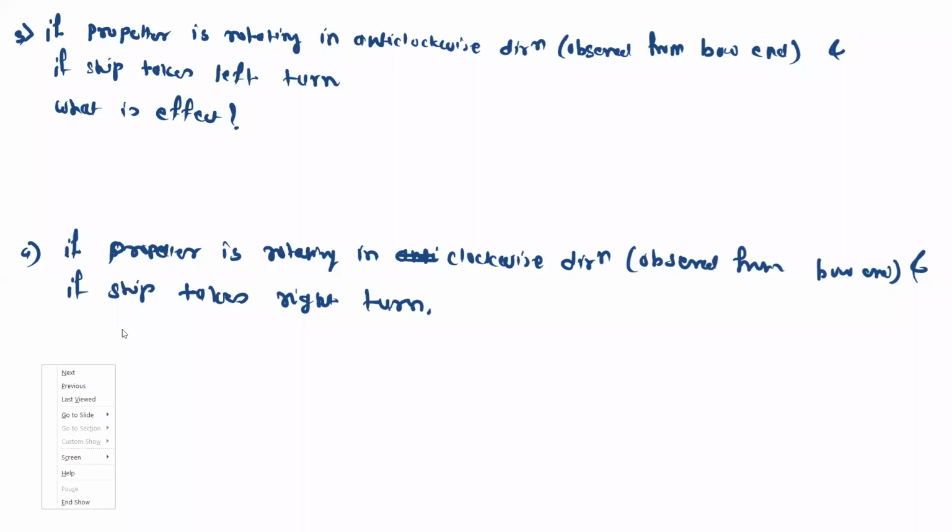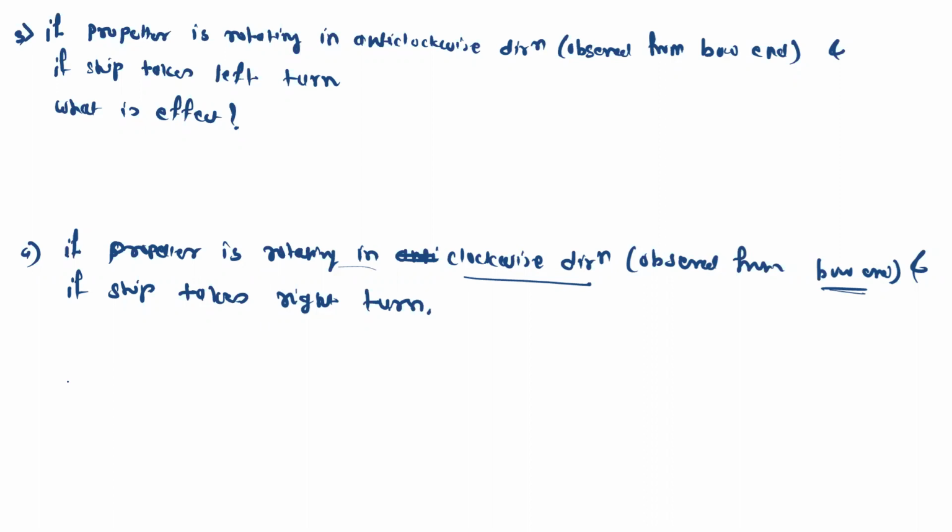it will move in the downward direction. And the fourth condition is if the propeller is rotating in the clockwise direction observed from the front end, that is the bow end, and if the ship takes the right turn. So what is the movement of the front end?